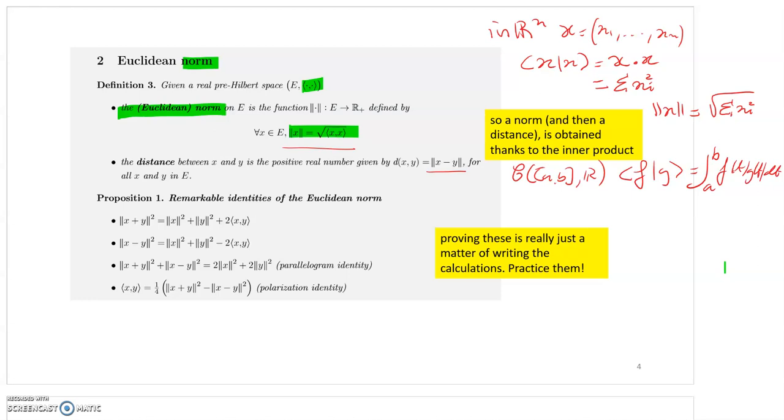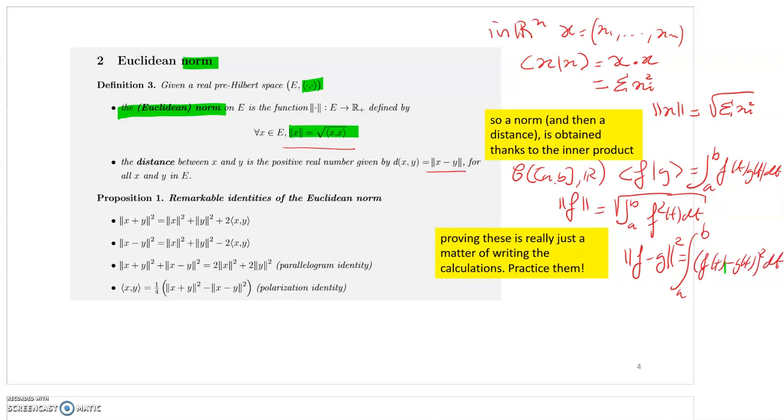That's a very common inner product defined on continuous functions when we're looking at a finite, bounded interval. And so the norm of f would be given by the square root of the integral between a and b of f square of t dt, and the distance between two functions f and g, well, let's take the square so that we don't have to take the square root, would be the integral between a and b of f of t minus g of t square dt.